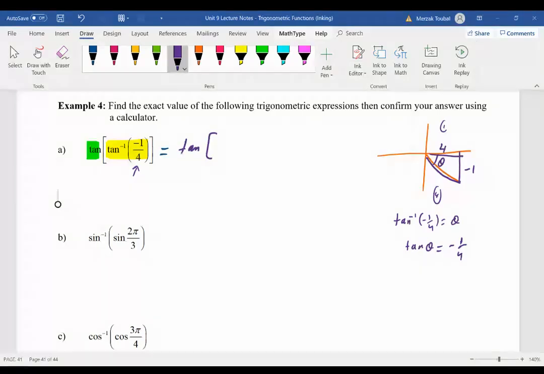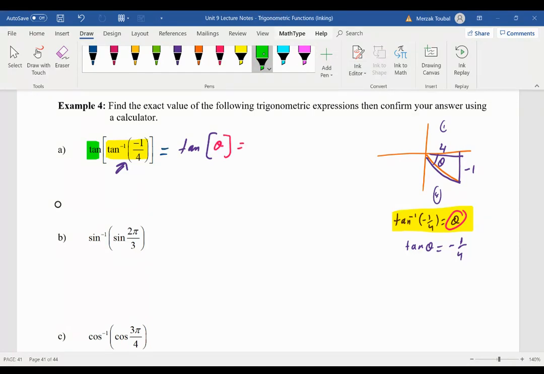So let's write this. What is tangent inverse of negative 1 over 4? Well, take a look over here. Tangent inverse of negative 1 over 4 is theta. So this is going to be replaced with theta. And then what is tangent?